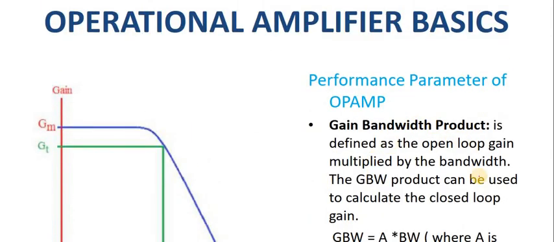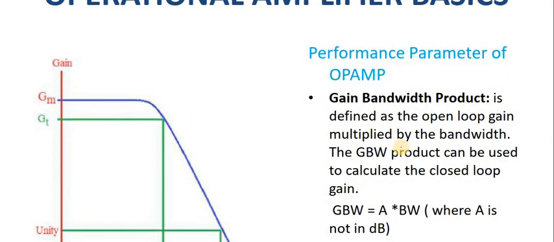Next is the gain bandwidth product. This is also one of the important parameters. So what is gain bandwidth product? As the name suggests, it is the product of gain and bandwidth. It is defined as the open loop gain multiplied by the bandwidth.